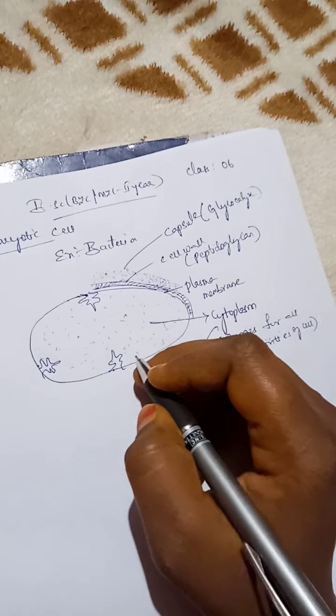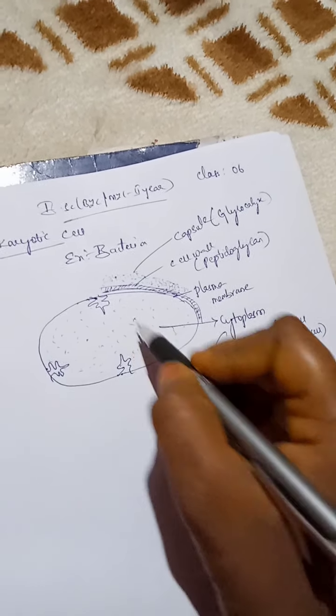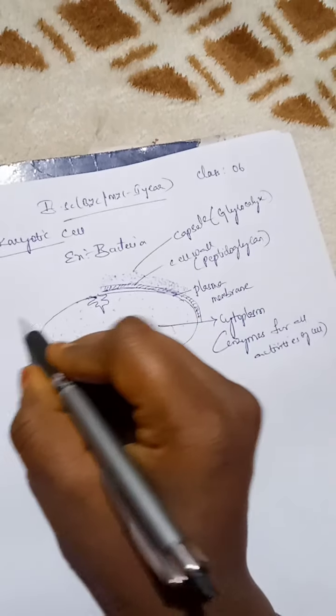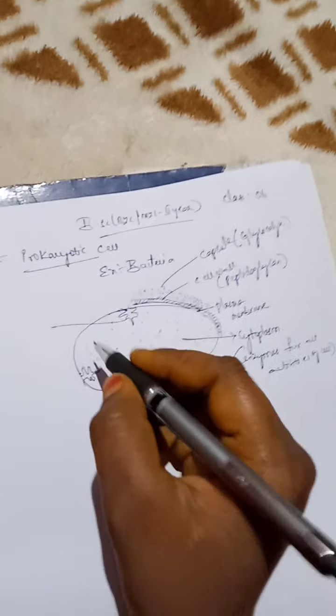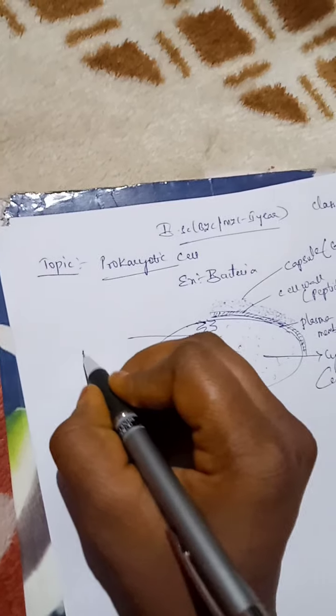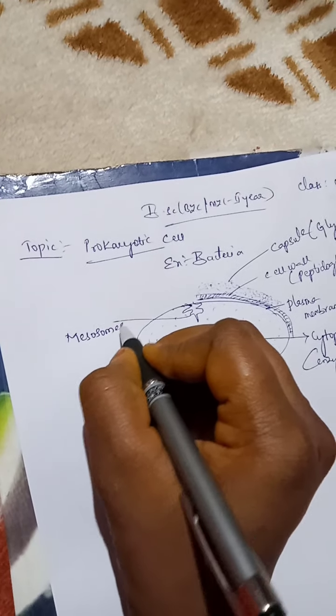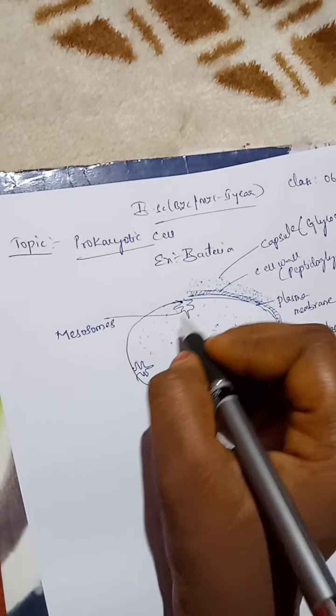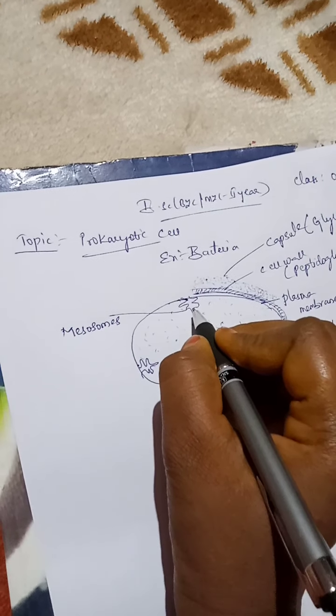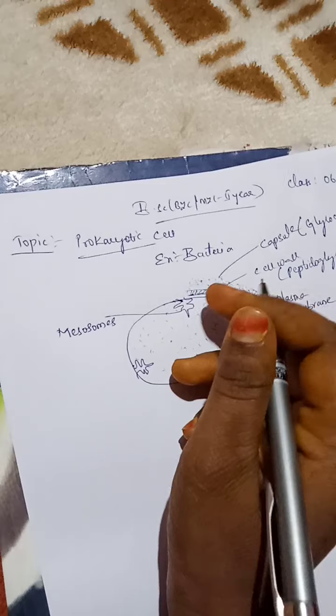This is the plasma membrane which undergoes inward folding. These inward fold structures are called mesosomes. These mesosomes have many enzymes. What are those enzymes required for?